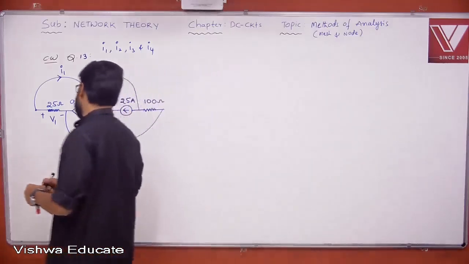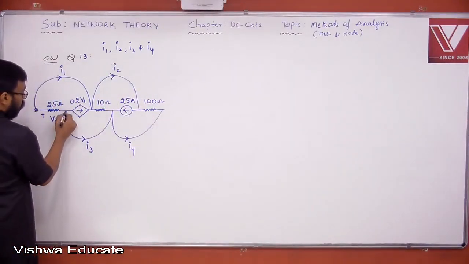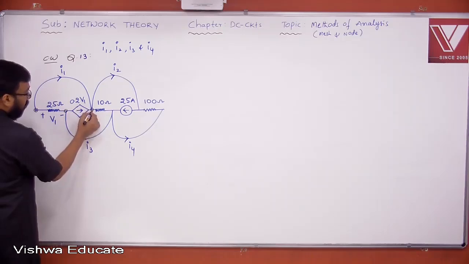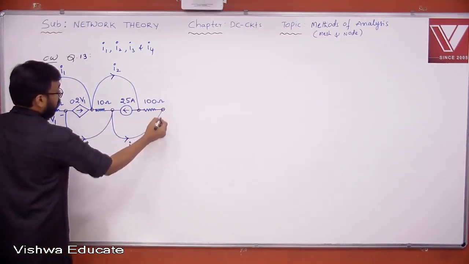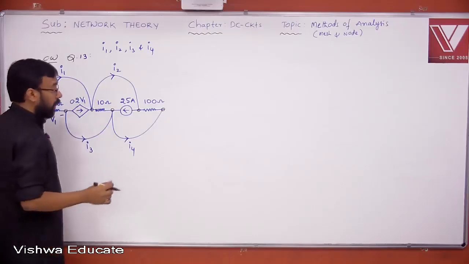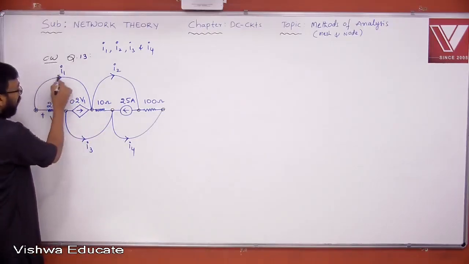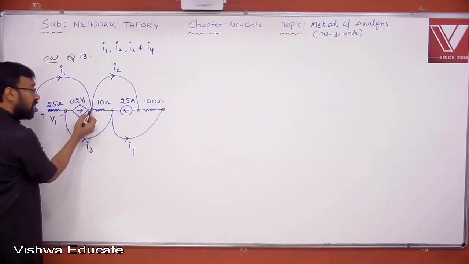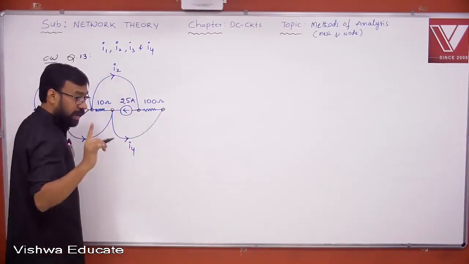Let us see how many nodes are there. 1, 2, 3, 4, 5, 6, it looks like. Yes or no? It looks like. But look at this. This point and this point both are operating at same potentials. And this point and this point both are operating at same potentials.